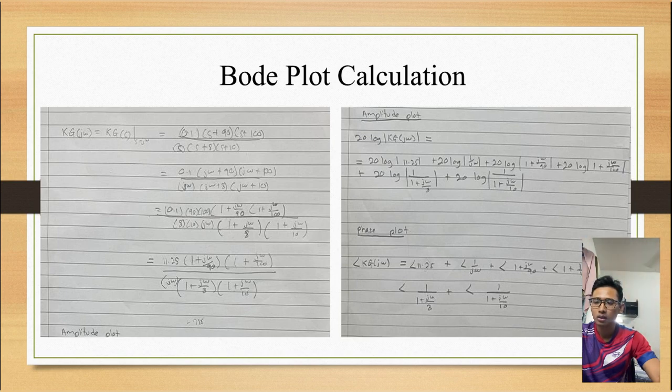Then we get the new transfer function, and we need to do the equation for the amplitude plot. We need to arrange the equation properly. So the bottom one is the phase plot.